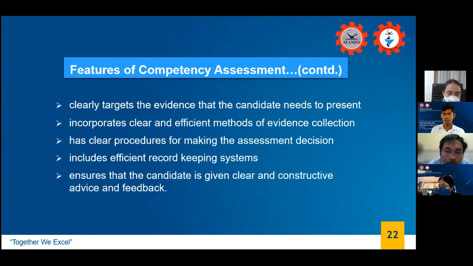Then you have a very good record, a systematic record of results, so that any complaints, any contention that you receive from your students, you will not worry anytime any complaints come. Why? Because you have everything recorded.